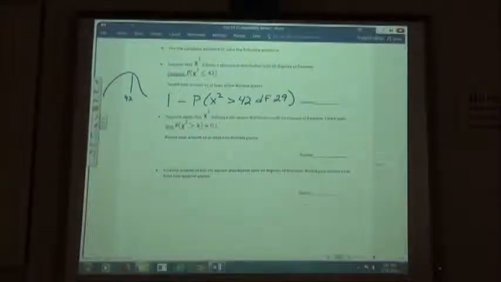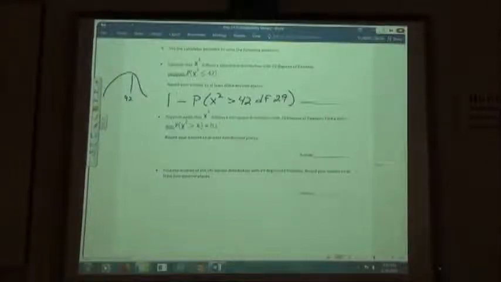Whoops. Let me think what's got hunched in there. Okay, clear that out. So 1 minus, oh, you didn't do the 1 minus, okay. Do 1 minus first. The number 1, 100% minus the P, there we go. And then the 42 with a degree of freedom of 29.